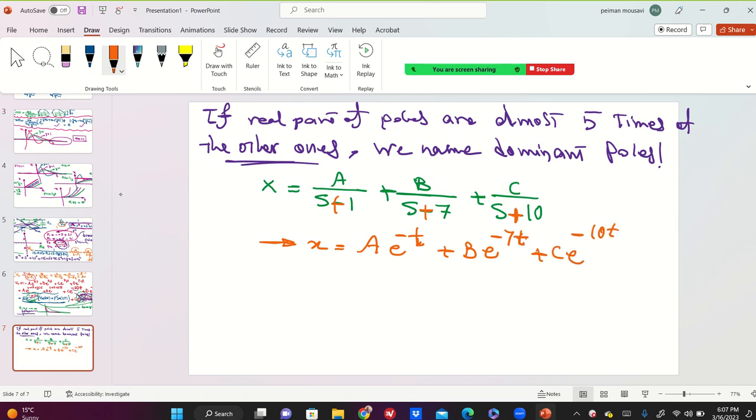Which of them vanishes fast? This or this? Yes, this vanishes too fast. So the dominant poles of the system is this. I'm not saying you can ignore them, because you cannot change the system dynamics. So these are the dominant poles, the affecting poles of the system. Understand?